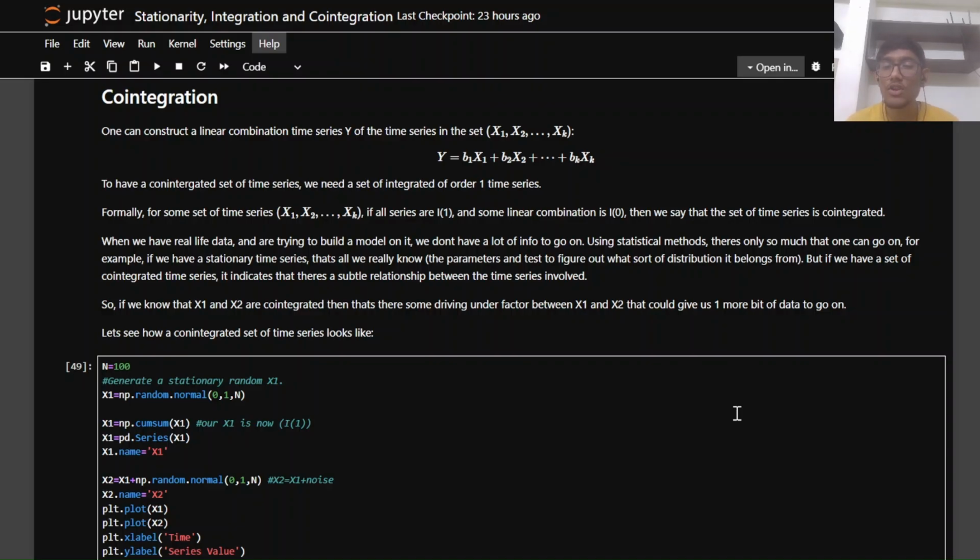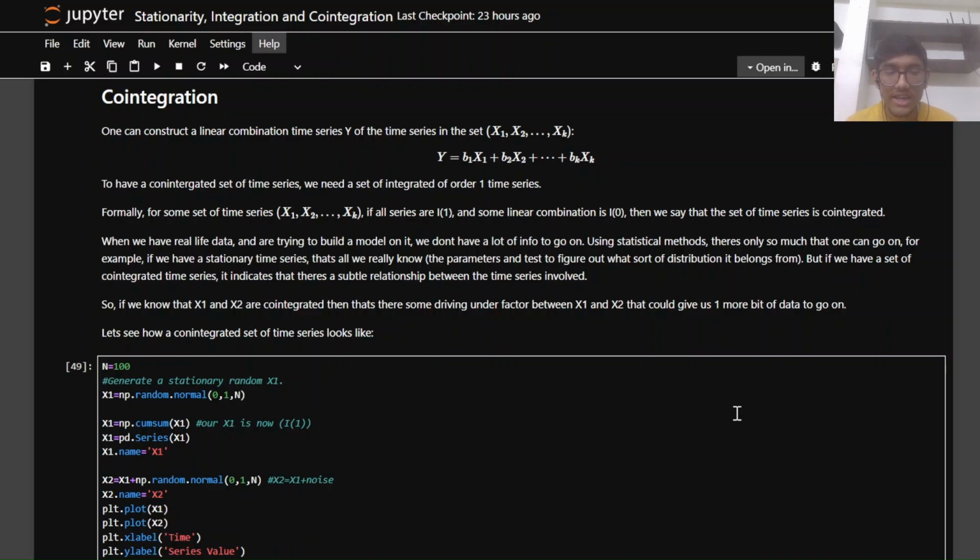Now when we have real life data and we're trying to build a model on it, we don't have much info to use, and using statistical methods there's very little that one can get to know and use for analysis. For example, if the person has a stationary time series, then all he knows are the parameters and some tests to figure out what sort of distribution the data comes from.